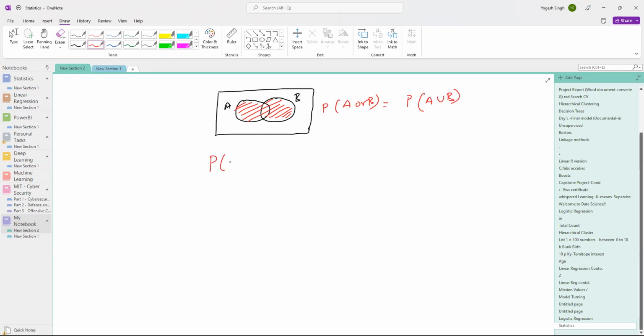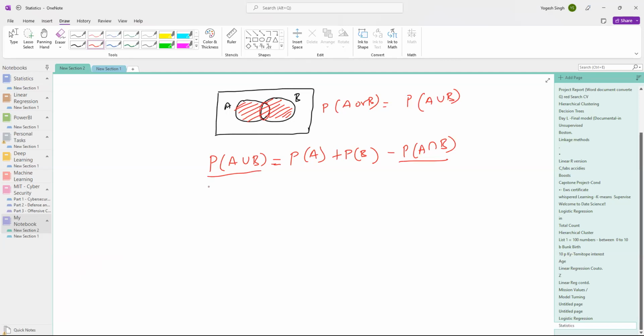Now P(A union B) is also given by the formula P(A) plus P(B) minus P(A intersection B). ये क्यों है? अगर आप इसको ध्यान से देखो तो A एक आ गया आपका पूरा, B आ गया, ये जो इंटरसेक्शन वाला एरिया है 2 बार आता है, so I am just removing one A intersection B to give me a complete P(A union B).